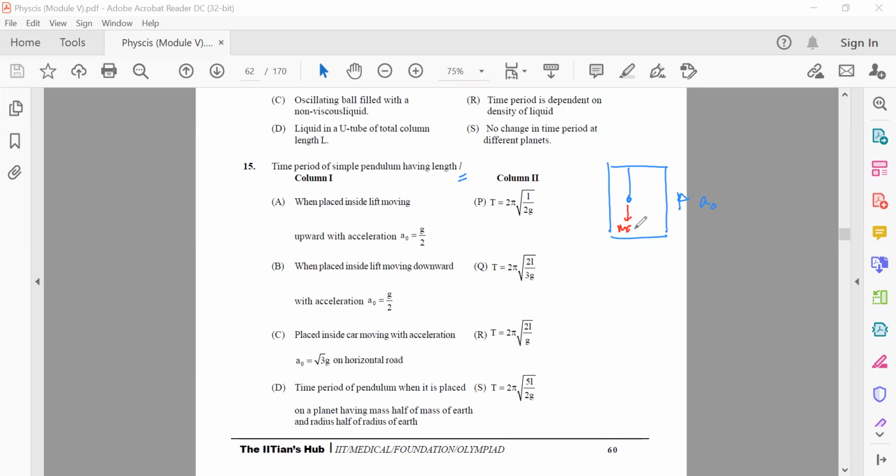So your effective g becomes a naught plus g when the lift is accelerating upwards. So your time period becomes 2 pi under root L divided by a naught plus g. Now just substitute a naught as g by 2, and you will get this answer.